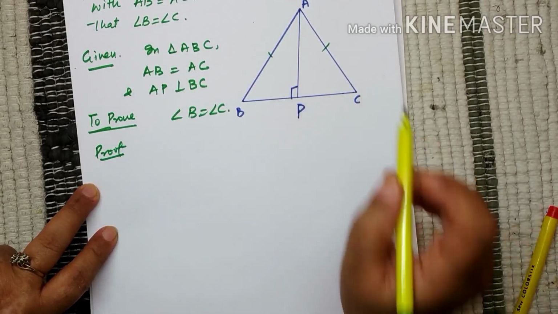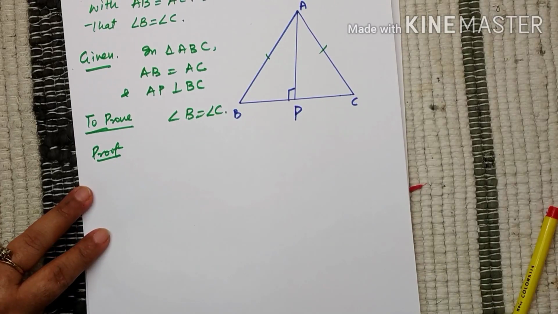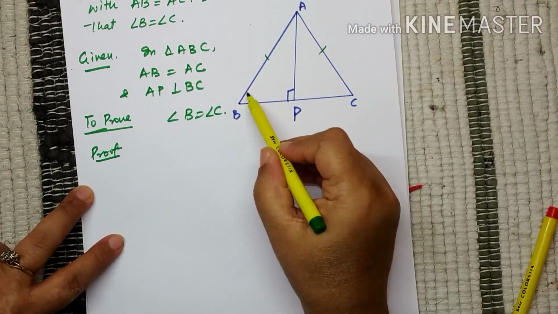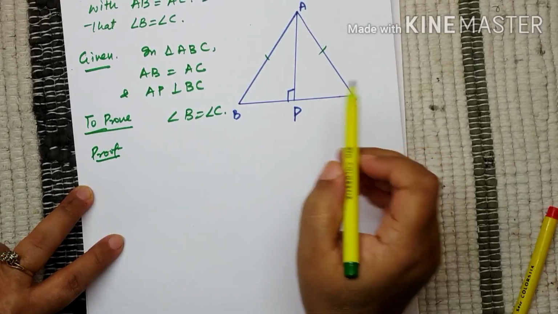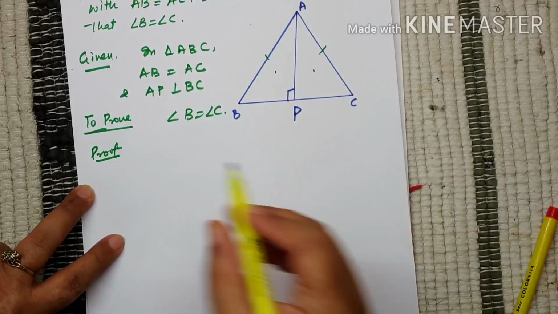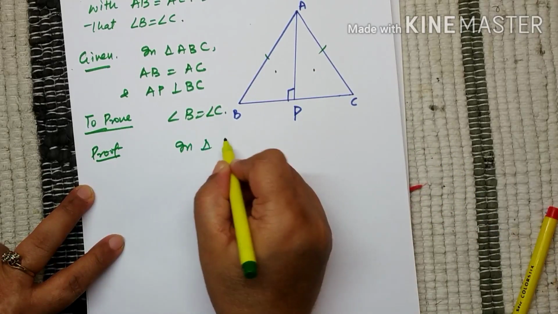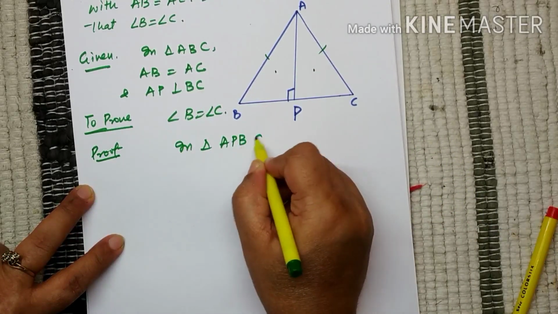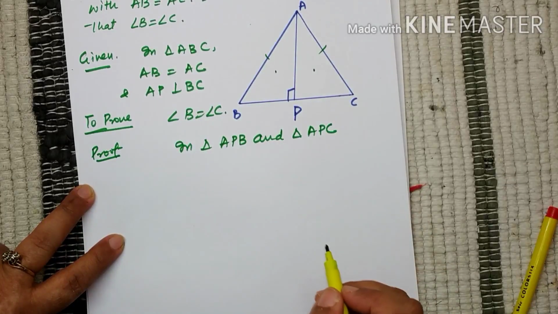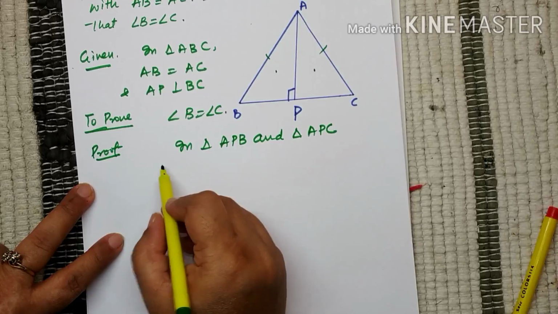We can prove this. I need to prove these angles equal. So I can prove this if I prove those 2 triangles congruent. So in triangle APB and triangle APC, what do we have in these 2 triangles?